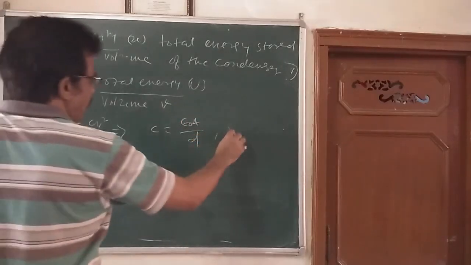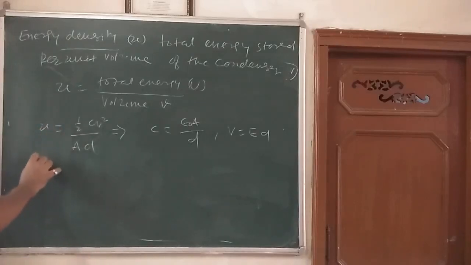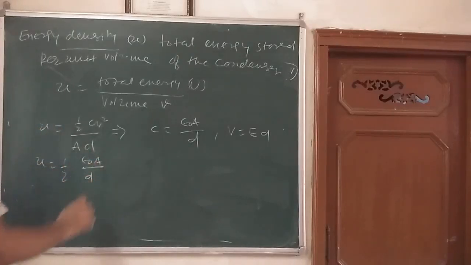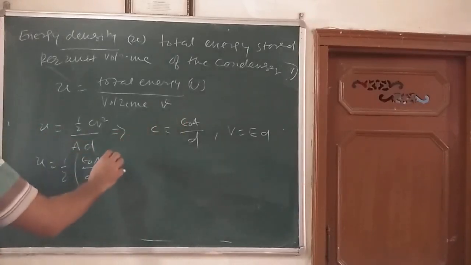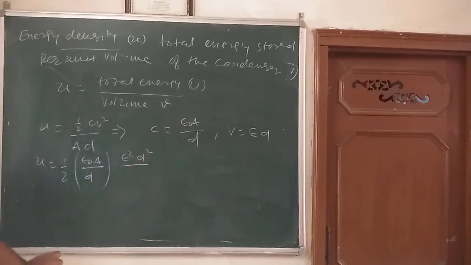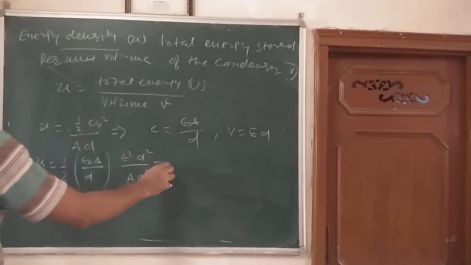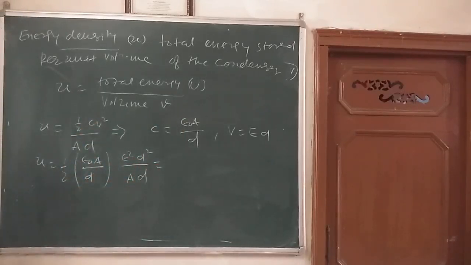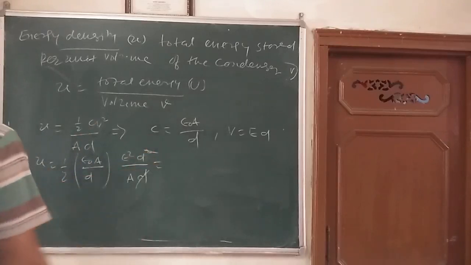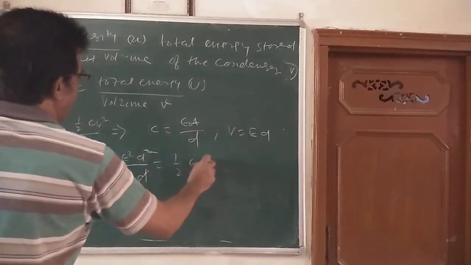And also the formula for the potential here is E into d. So you can write here u is equal to 1 by 2 epsilon naught A by d into, in place of V square write E square d square upon A into d. C की जगह ये रख दिया, इसकी जगह ये रख दिया. देखिए क्या क्या कट रहा है यहाँ पर. d से d कट गया. So I can say 1 by 2 epsilon naught E square.